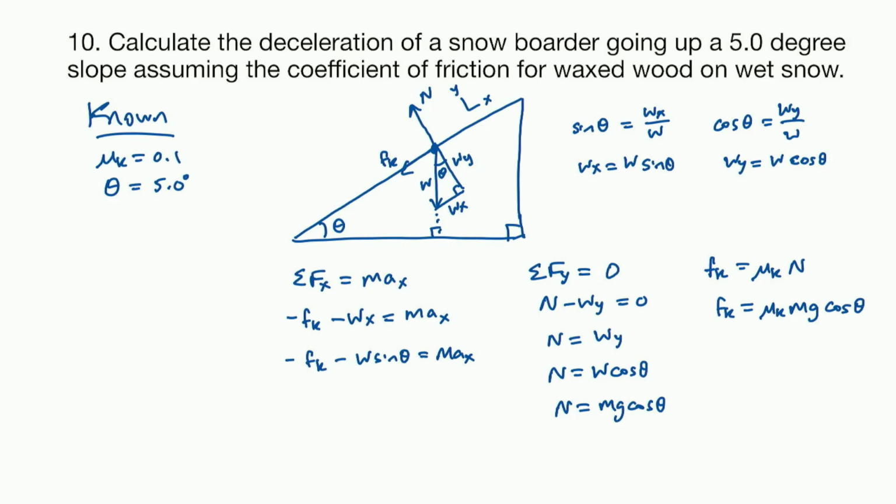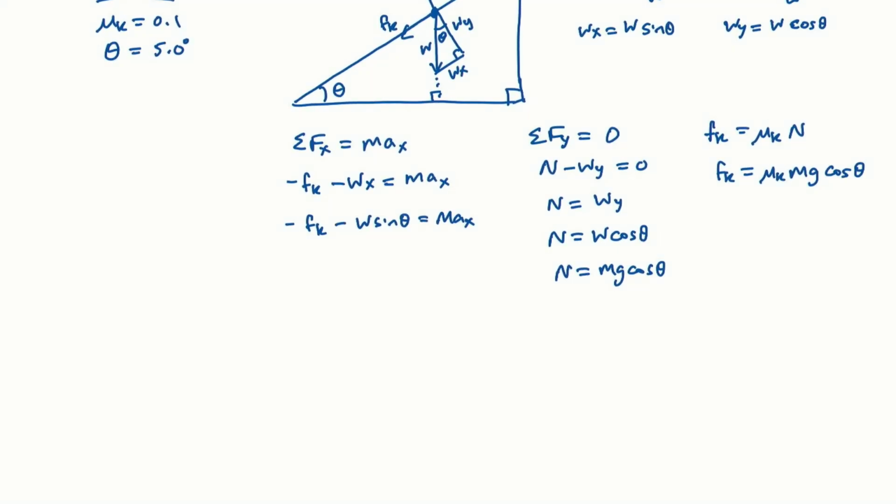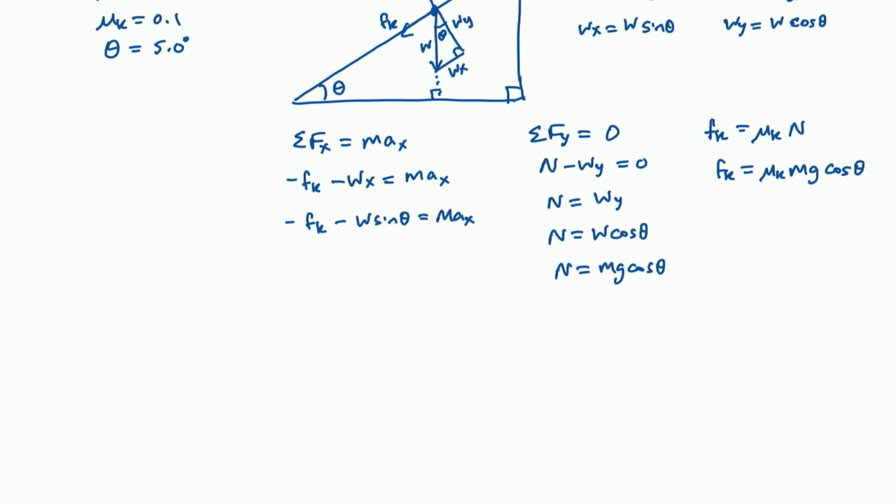All right, so now let's substitute for the F k and we'll substitute for the W as well. I'll put it down here because it's going to be long. So for F k, we have mu k m g cosine theta minus, W is m g, times sine theta, equal to m a sub x.